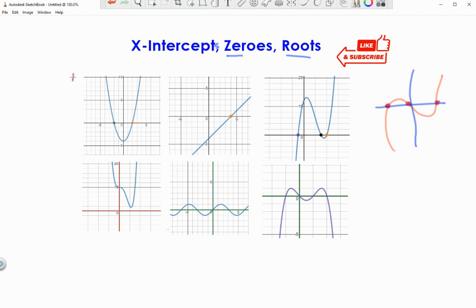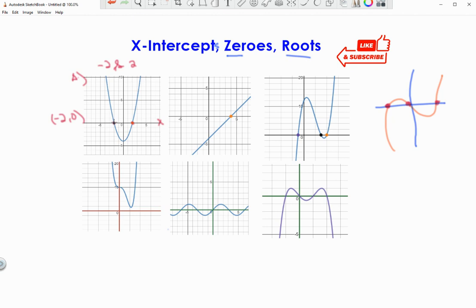So let's look at graph A. So how many times did your U-shaped graph, a parabola, cross the x-axis right here? Well, it crosses it twice, right? So just for this graph right here, your x-intercepts are -2 and +2. Now, sometimes these are given as x values, but sometimes they may want you to write it as -2 comma 0.